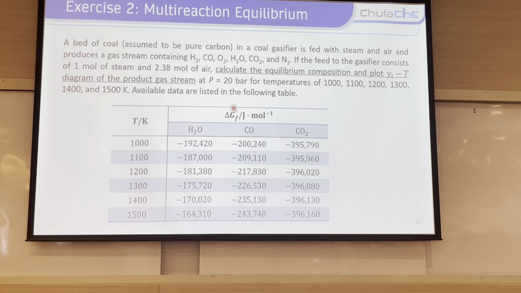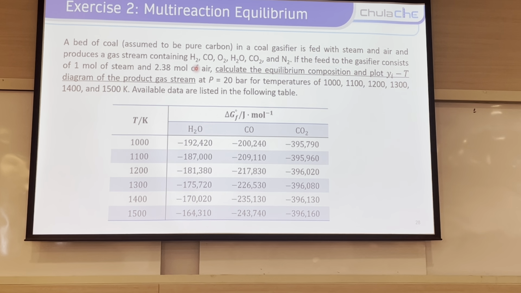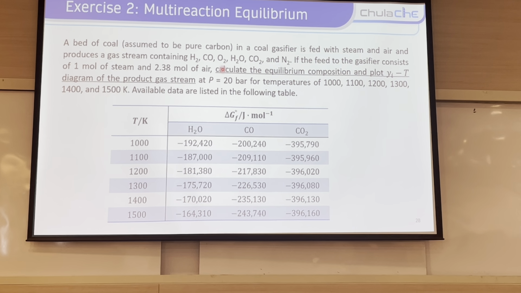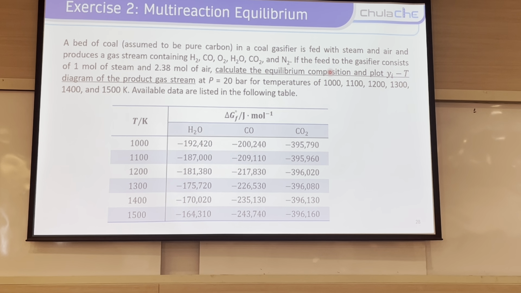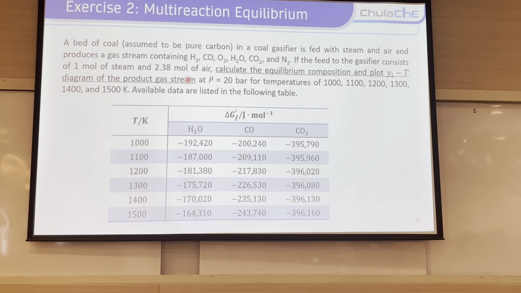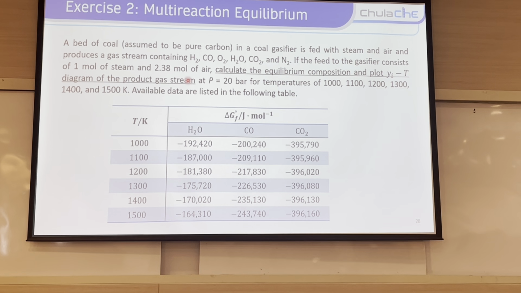So in this exercise, you just have the known species that will exist in the system. You have the initial mole number of species in the system, and you also know the pressure and the temperature.